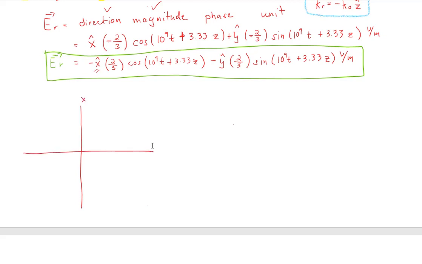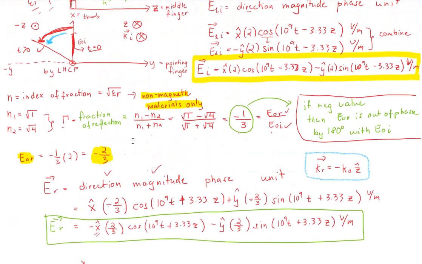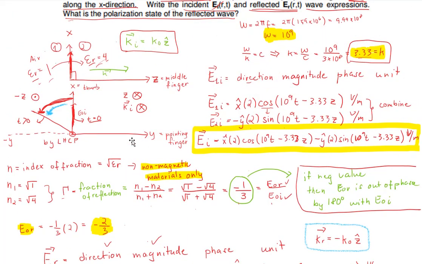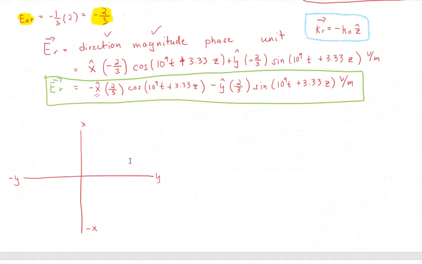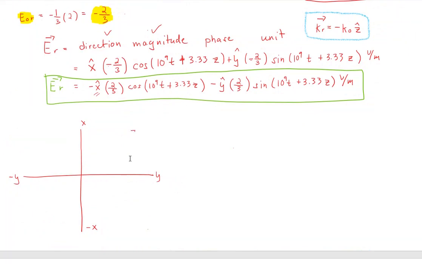So if this is x, this is y, this is negative x, this is negative y. All right, and also just to be sure, let's copy, since we have x y plane, and from that we know that positive z is pointing into the page and negative z is pointing out of the page. Let's copy that over here. Alright, so z is into the page, negative z is out of the page.